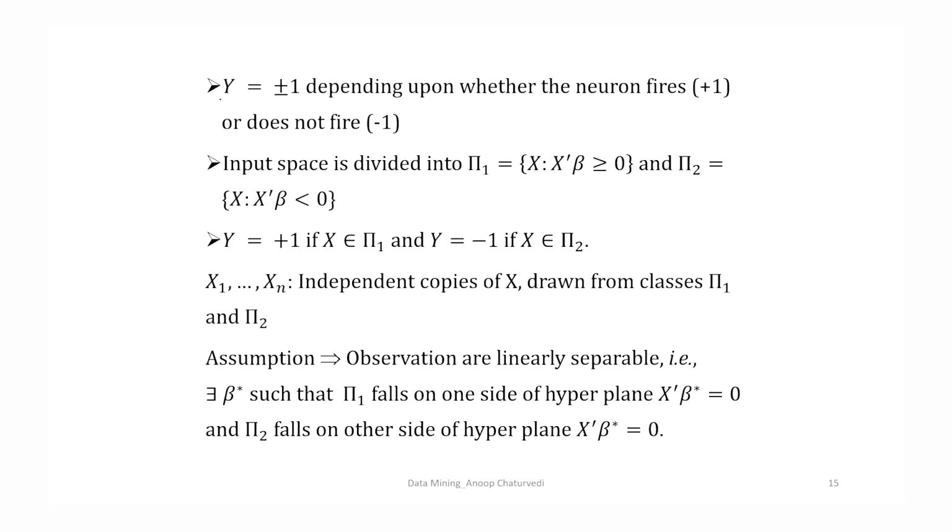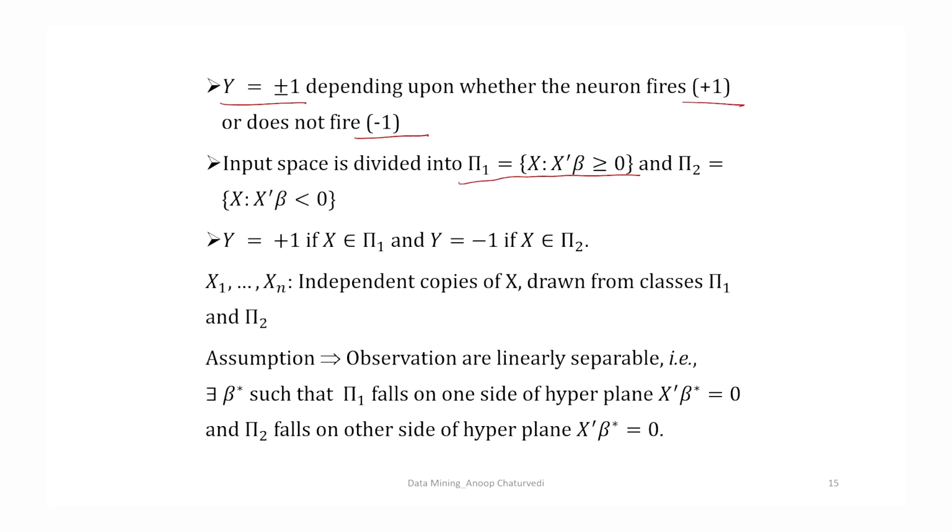Then suppose y equal to plus or minus 1, depending upon whether the neuron fires. If the neuron fires, then it takes value plus 1, or it does not fire. Does not fire means it takes value minus 1. Then we divide the input space into, say, pi 1, the set of values of x such that x transpose beta is greater than or equal to 0, and pi 2, the set of values of x such that x transpose beta is less than 0.